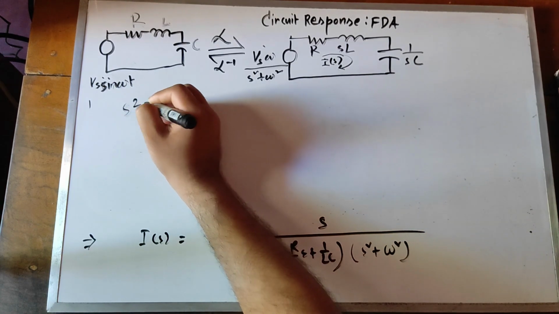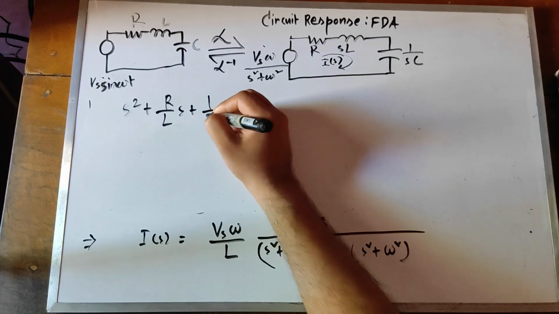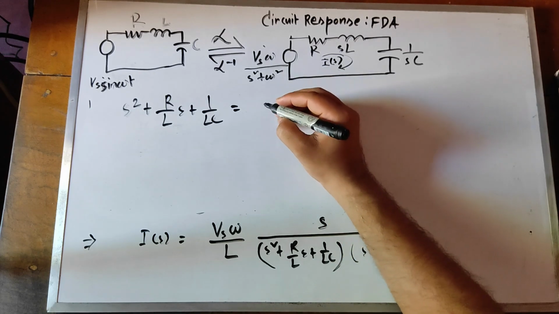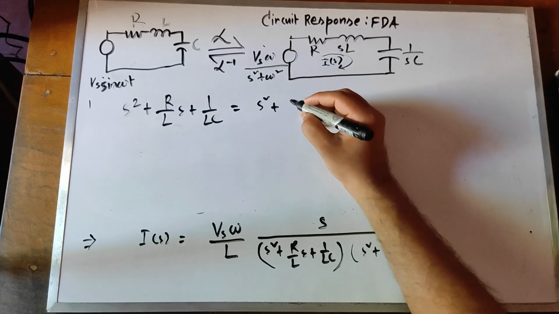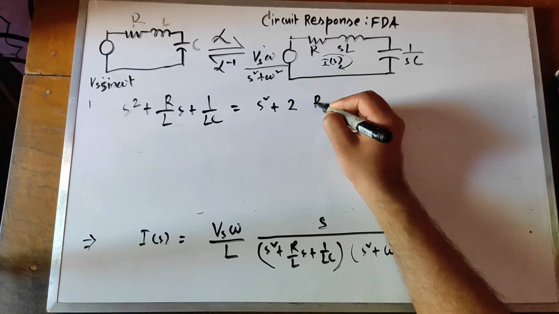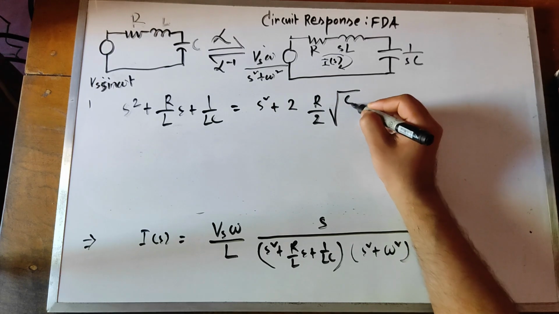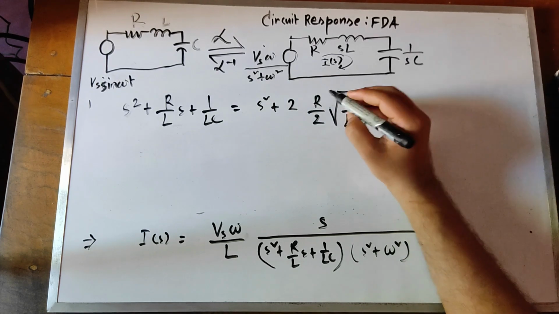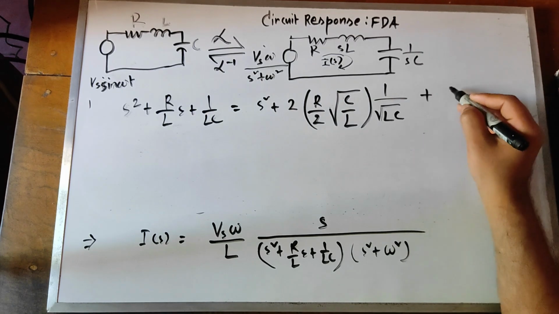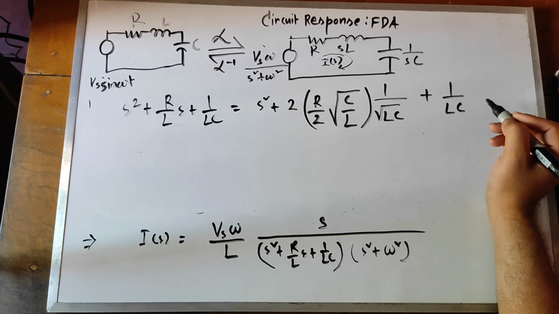The characteristic equation s square plus R by L s plus 1 by LC is equal to s square plus, if I write it like this, 2 times R by 2 root over C by L times 1 by root LC, plus 1 by LC.